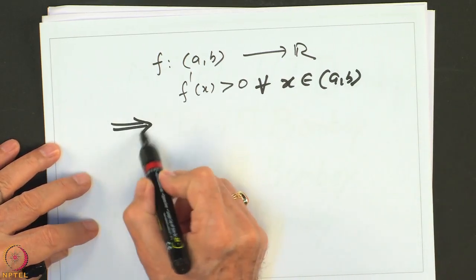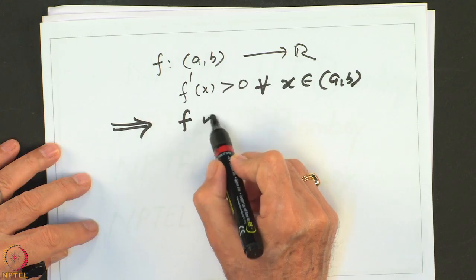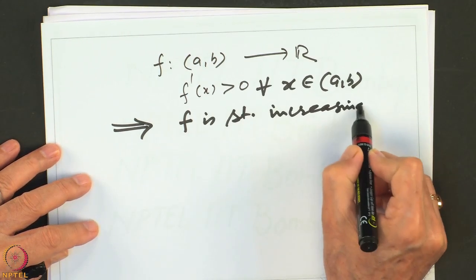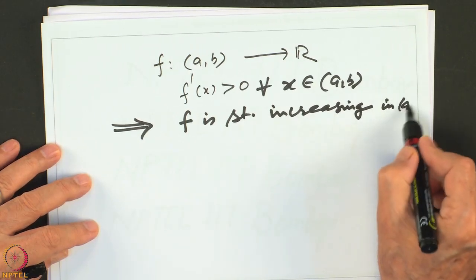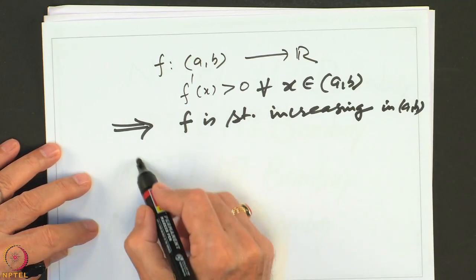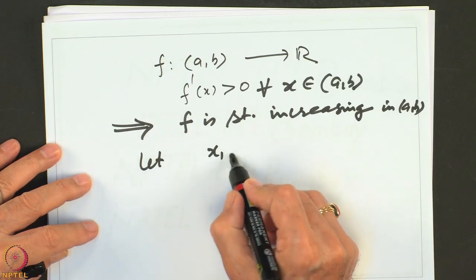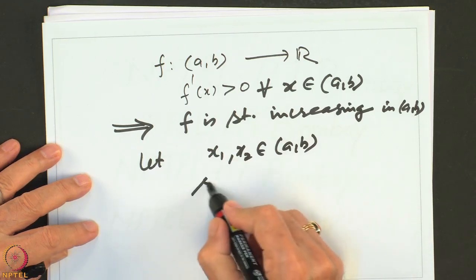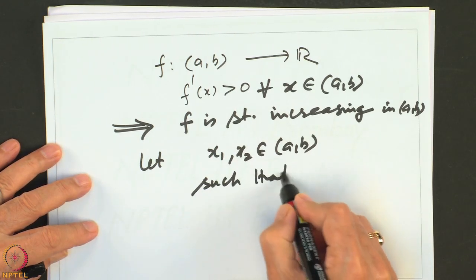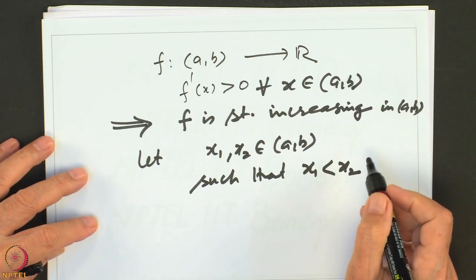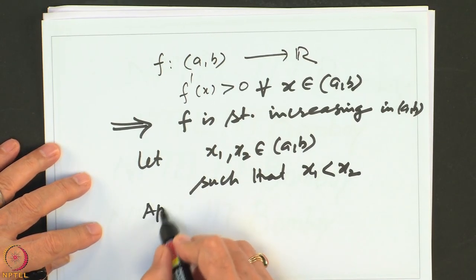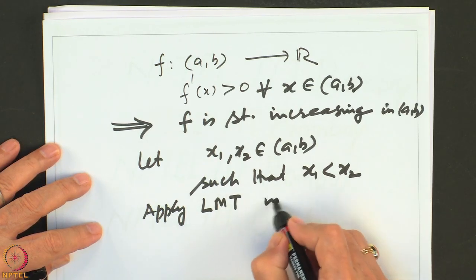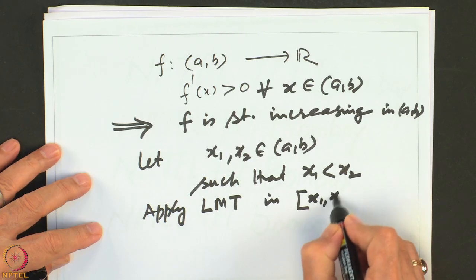We want to show this implies f is strictly increasing in (a, b). So, let us take 2 points x1, x2 belonging to (a, b) such that x1 is less than x2, and we apply Lagrange's mean value theorem in the interval x1 to x2.